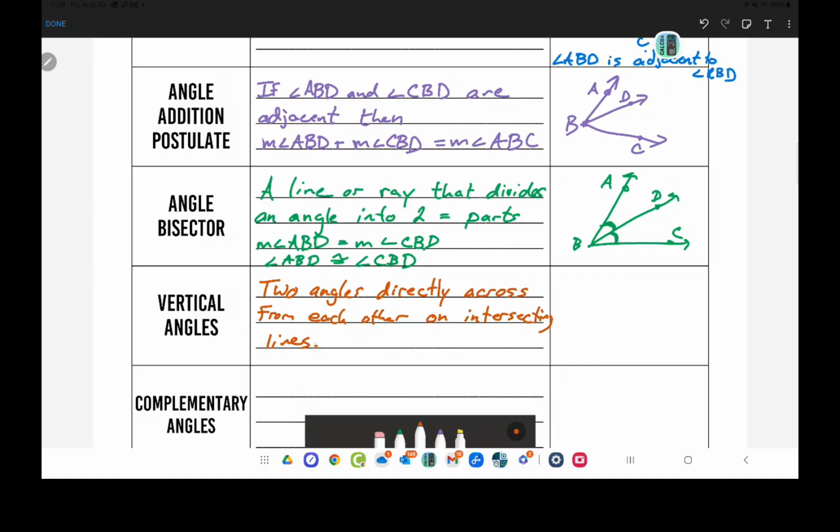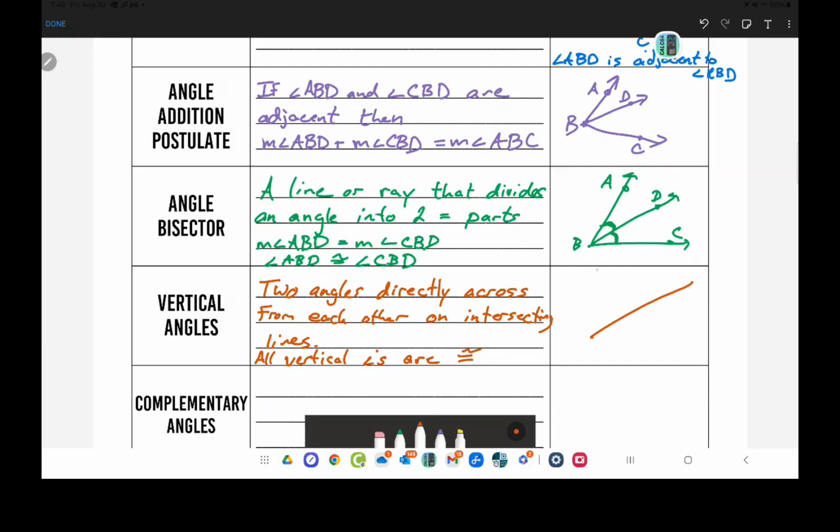One rule that's going to come up, maybe on Tuesday when we have class again: all vertical angles are congruent. All vertical angles are automatically congruent. So anytime you see two vertical angles, you can say these two angles are congruent because they're vertical.